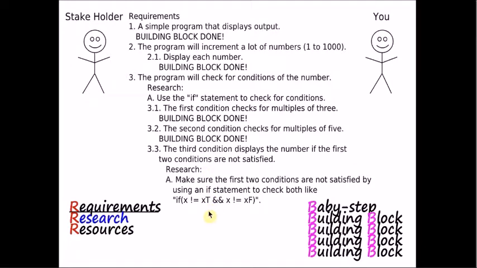I found out that the not equals, or exclamation point equals, and the double ampersand is how you would do it. It's basically saying if x is not equal to the 3x variable and it's also not equal to 5, then we're going to display our number normally. So let's see how that works.